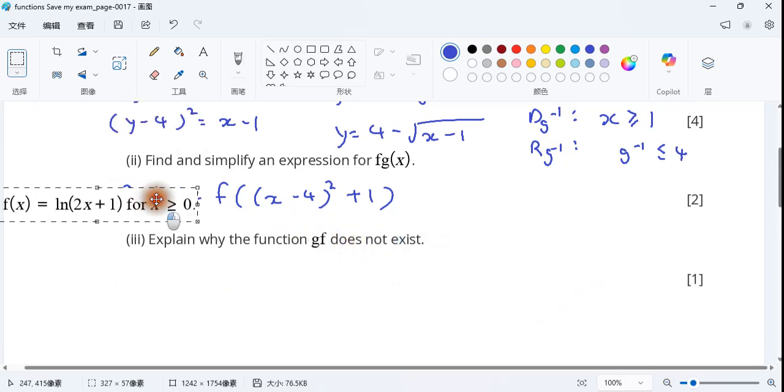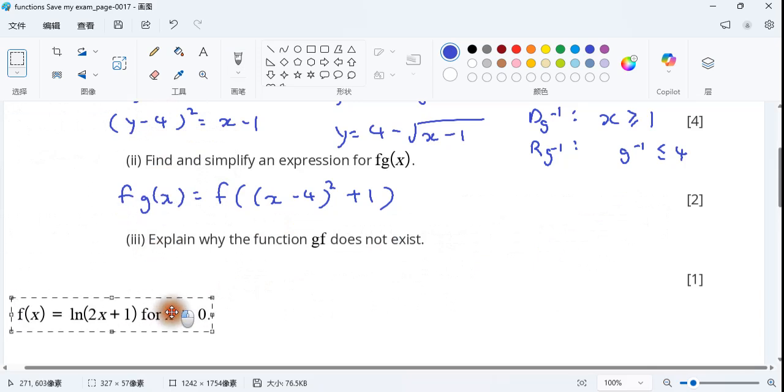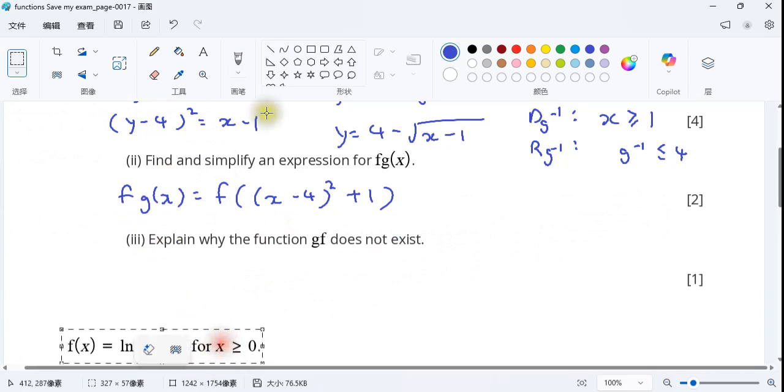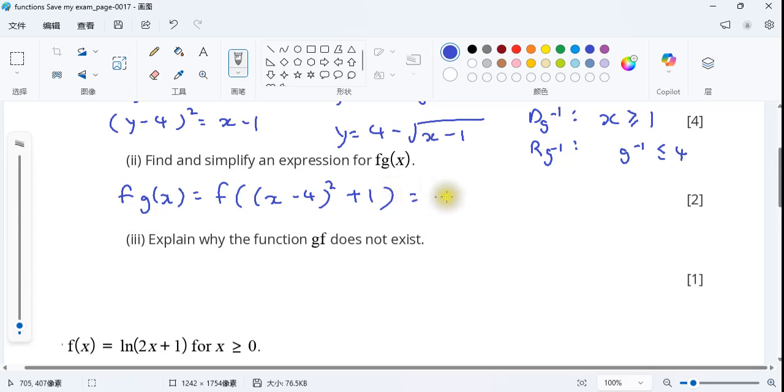So this one will become ln(2((x - 4)^2 + 1) + 1).